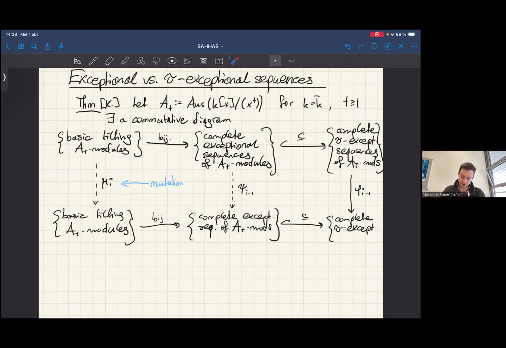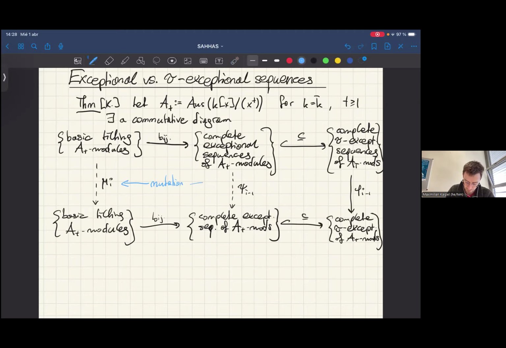This is saying that complete exceptional sequences are also complete tau exceptional sequences. And if I look at the mutation as a complete exceptional sequence, that is the same as if I do the mutation as a complete tau exceptional sequence. Sorry, a little bit of a tongue twister. So it doesn't matter which of the two mutation operations I consider, it will give me the same result, is what I mean by this.